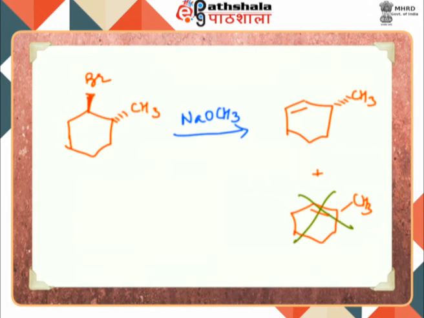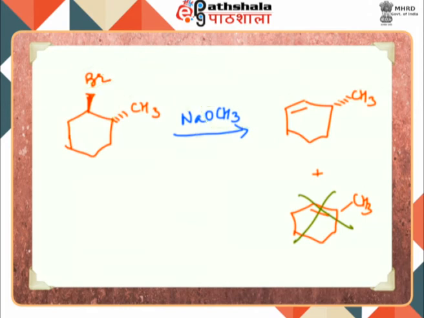Now why this is happening is, if you consider the position of Br here, it is up, and the hydrogen at this position is also on the same side. So this elimination would be a syn elimination, and H and Br being on the same side, this hydrogen cannot be removed by this particular base which is OCH3 minus.